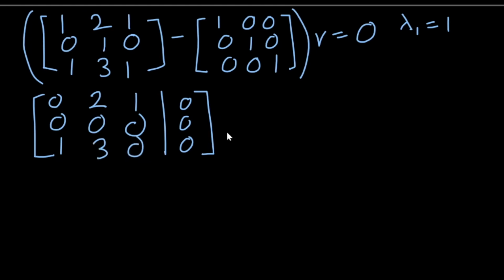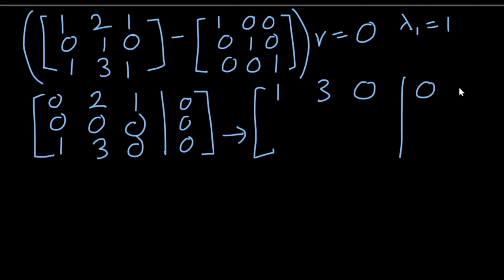So I would rearrange this matrix now to be 1 3 0, 0 2 1, and 0 0 0.